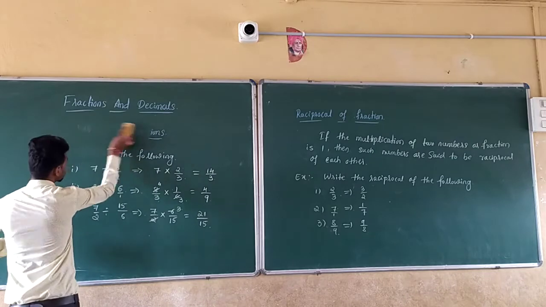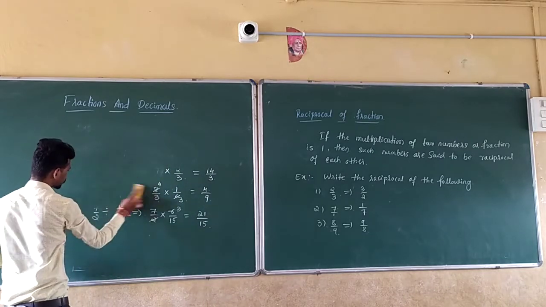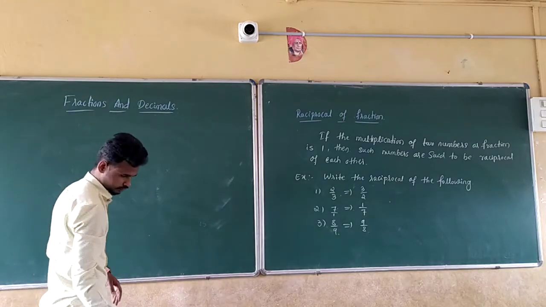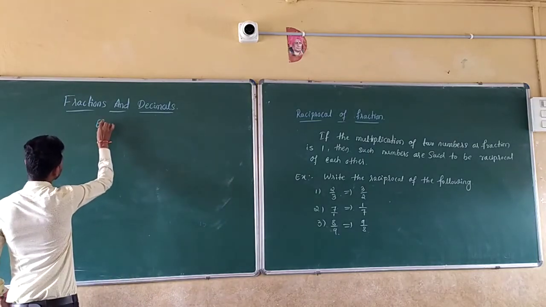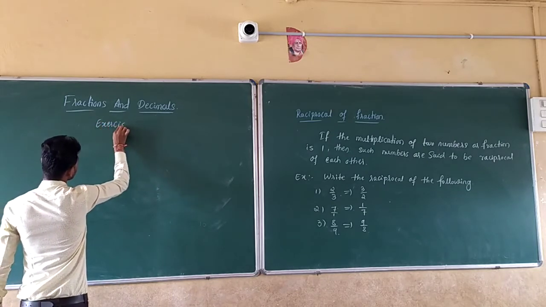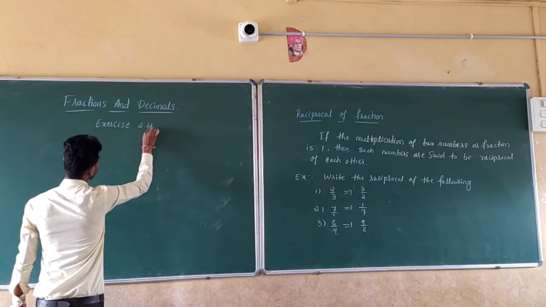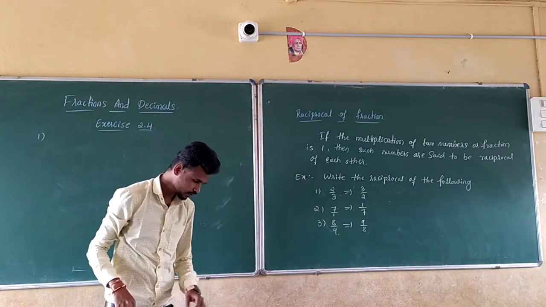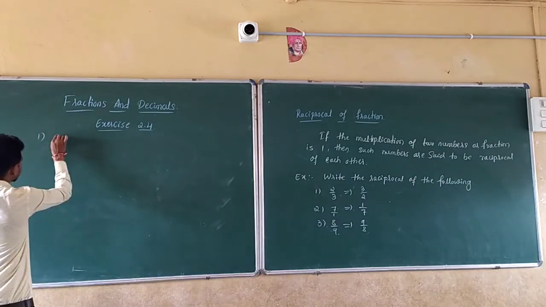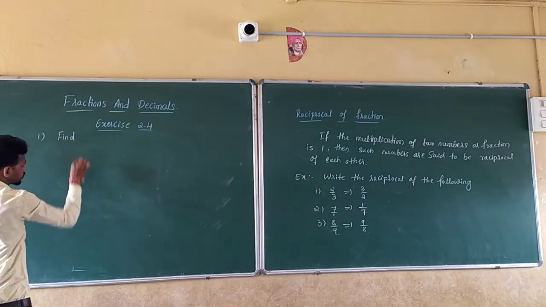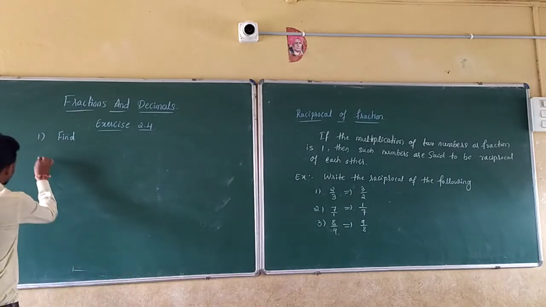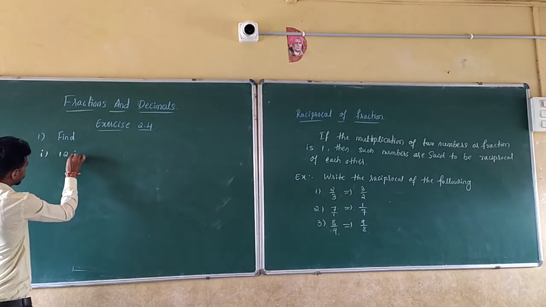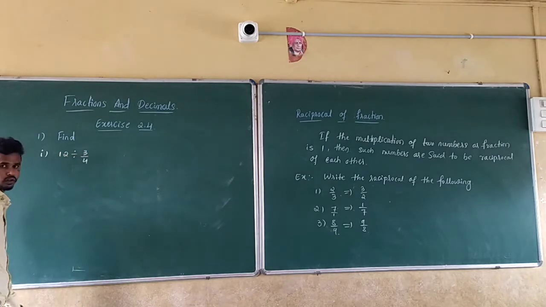This is the exercise. Exercise 2.4. In the first question, find: the first one is 12 divided by 3 by 4.